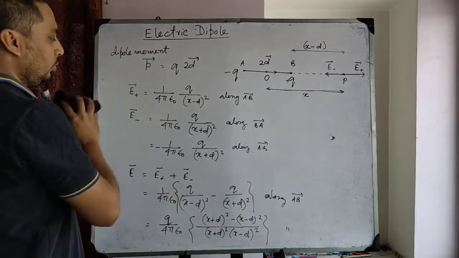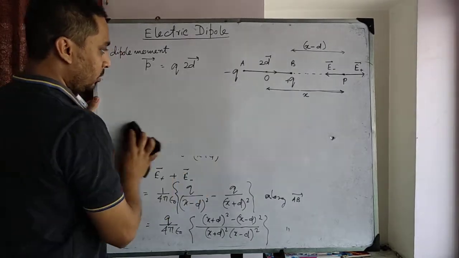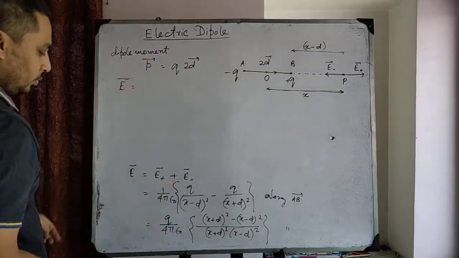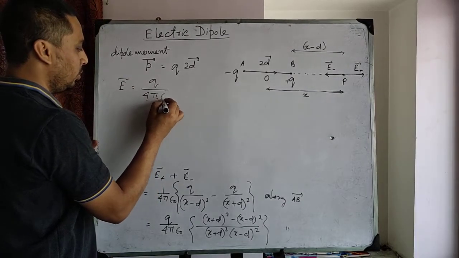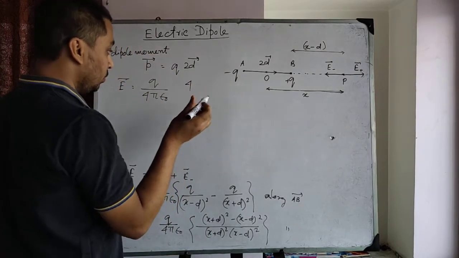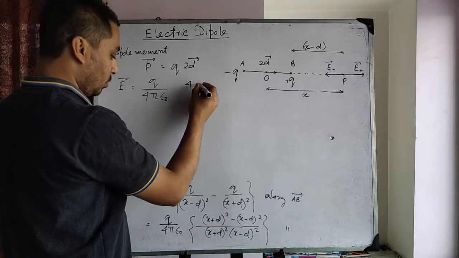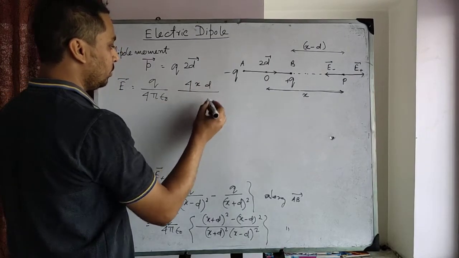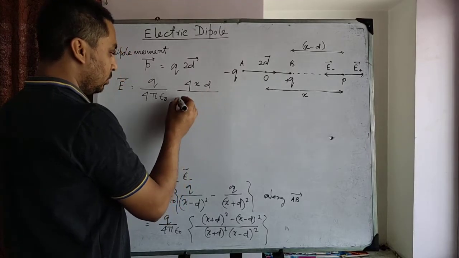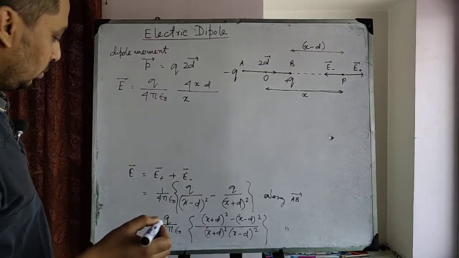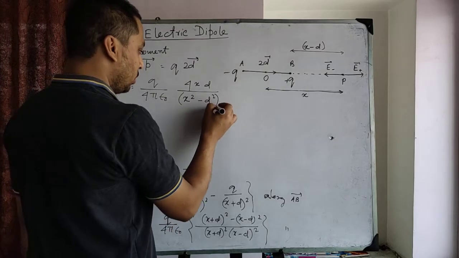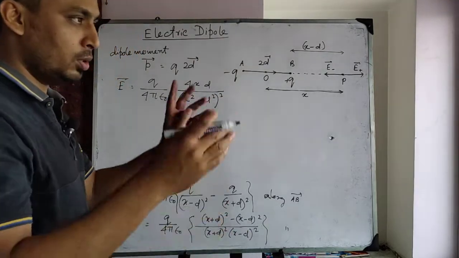So the net electric field E equals q by 4 pi epsilon naught, times 4xd, over x square minus d square whole square, since a plus b into a minus b is a square minus b square.